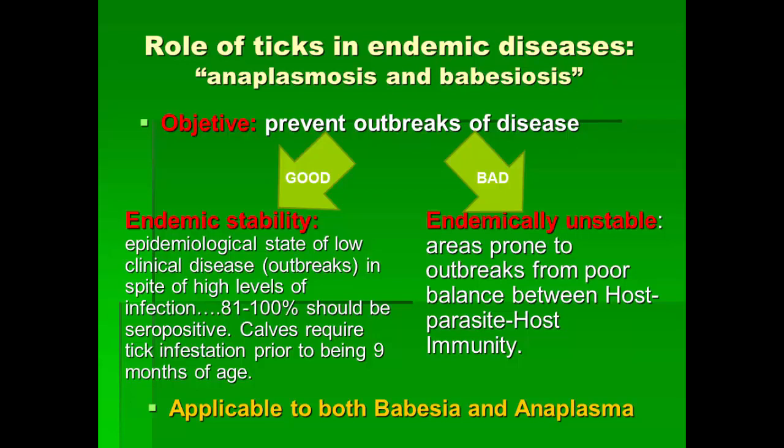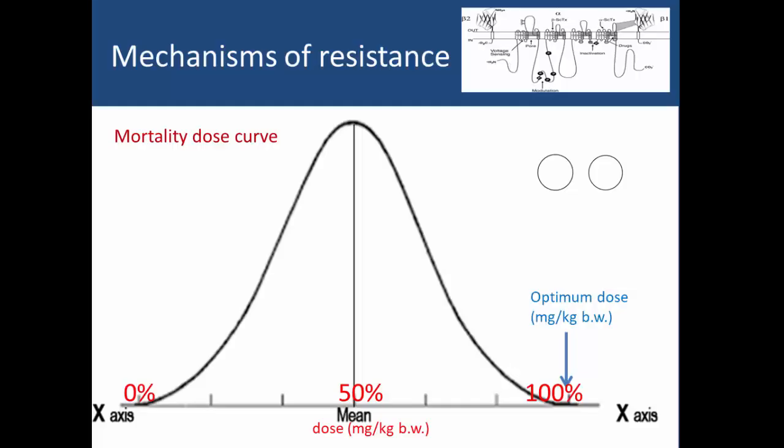And ideally, what you want is to have calves exposed to ticks prior to being 9 months of age, because unlike other parasitic diseases, calves have an innate immunity which protects them from babesia until they're at least 9 months of age or younger. If we move on to how ticks become resistant, there are several mechanisms.